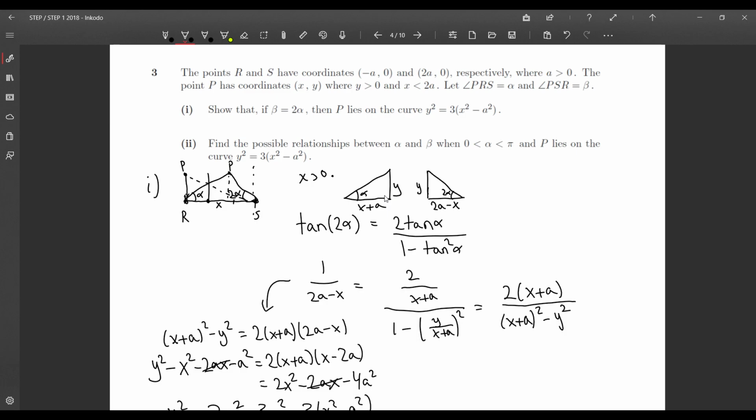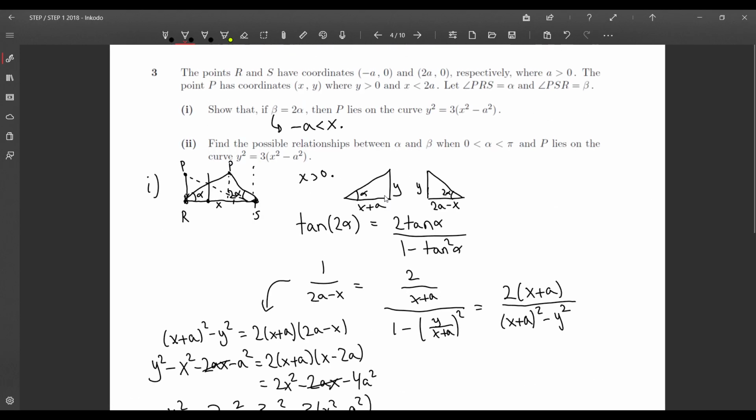That's just going to force beta to be greater than 180 degrees. And we know at the very least that the sum of all three angles in a triangle is going to be equal to 180 degrees. So that's absurd if one of the angles is over 180. So we can deduce that if beta is equal to 2 alpha, then negative a is less than x. And so this tangent argument holds.